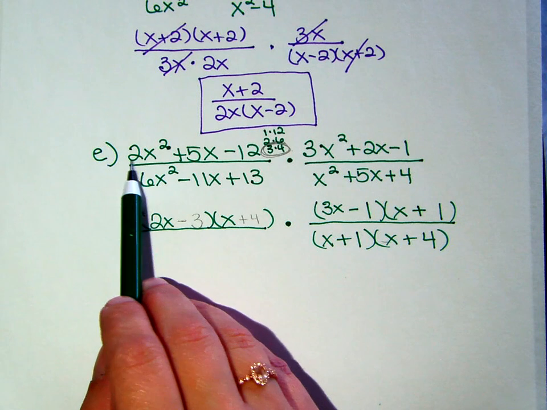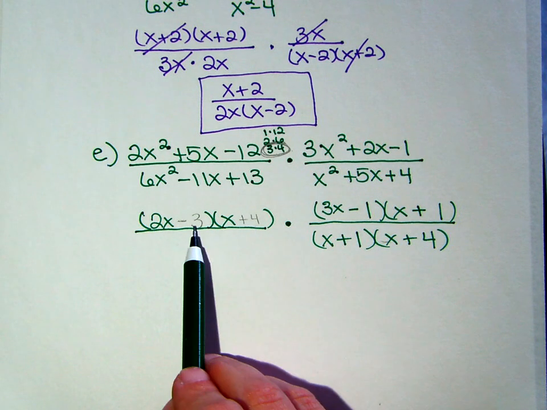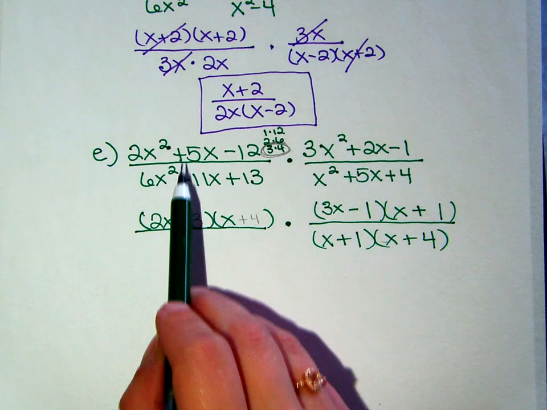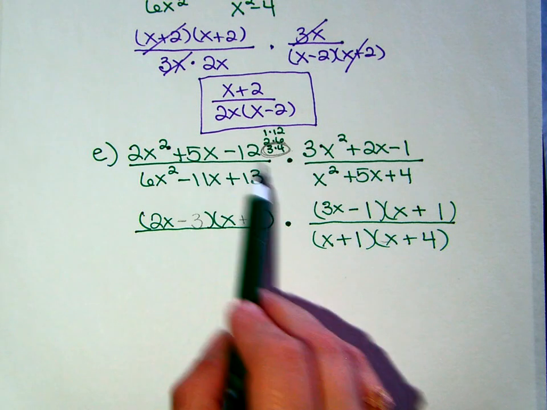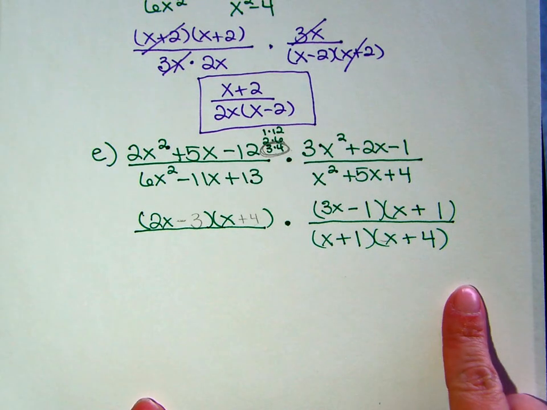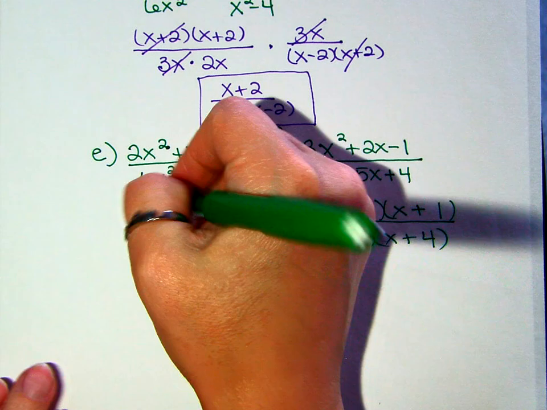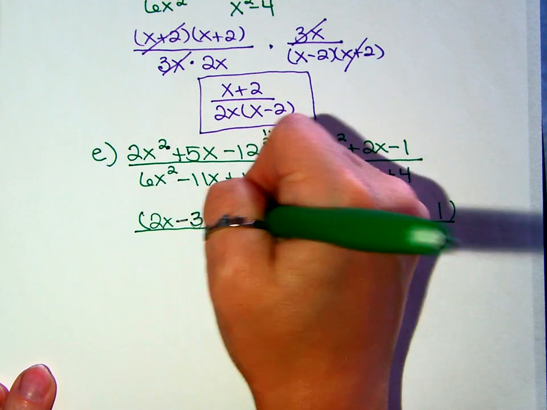If I do my outer, that gives me a positive 8x. Inner gives me a negative 3x. That does give me a positive 5. So this does work. Again, I eliminate some of my guessing and checking by looking to see what other factors I have that I'm trying to cancel out. So this would be a minus 3 plus 4.